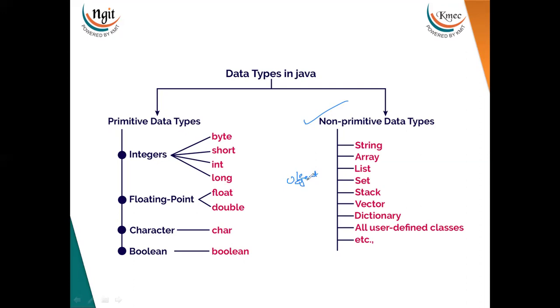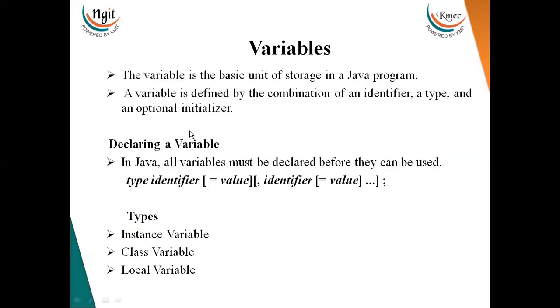Every variable of a non-primitive data type is an object, and non-primitive data types may use additional methods to perform certain operations. The default value of all non-primitive data types is null. A detailed discussion about these non-primitive data types we are going to cover in due course. This is all about the data types available in Java.